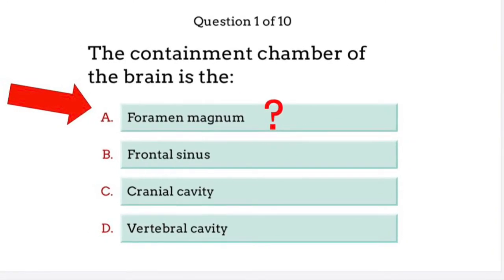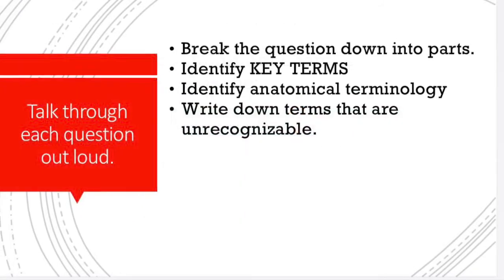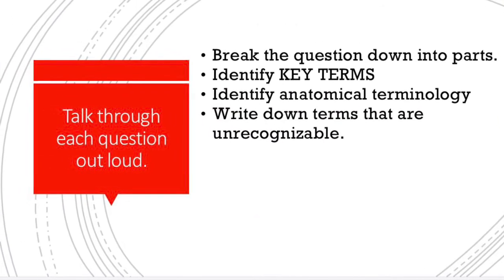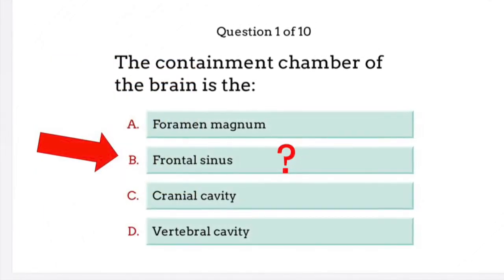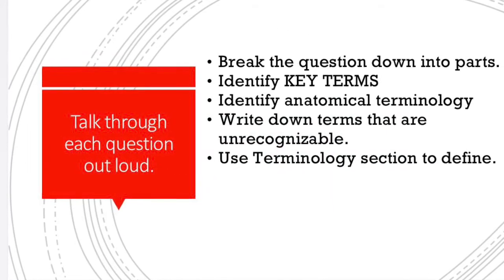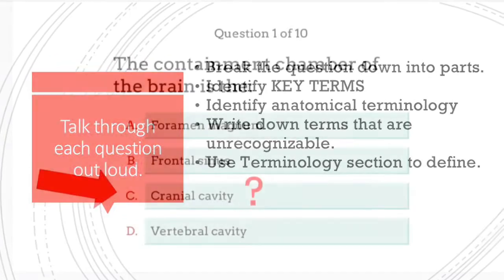So now let's look at the possible answers. A, foramen magnum. Well, if I don't know that, I might need to write it down because it's unrecognizable. B, frontal sinus. Again, if I'm not sure, we need to write it down. Go back in the terminology section and define it.